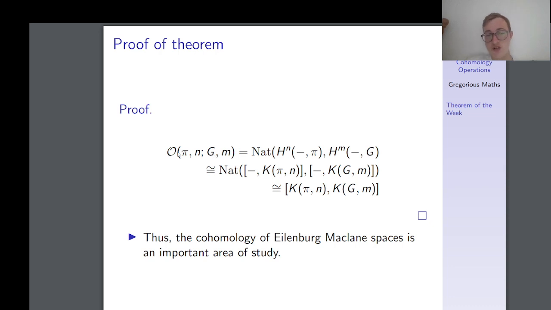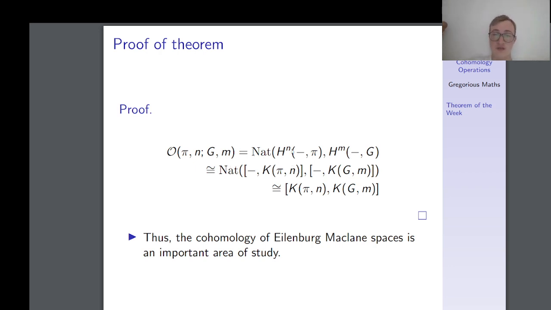Well, by definition, the set of all these cohomology operations of this type is equal to the set of all natural transformations between these two functors. I forgot a bracket.